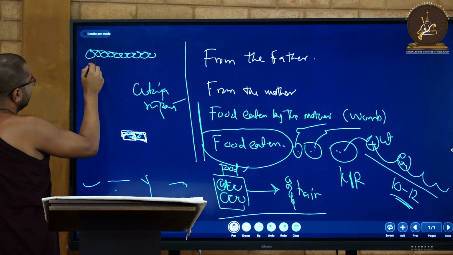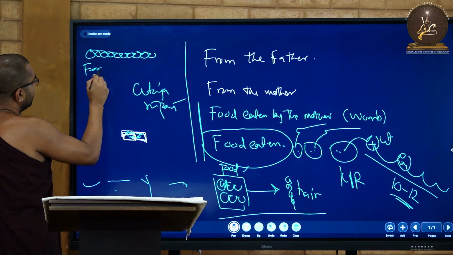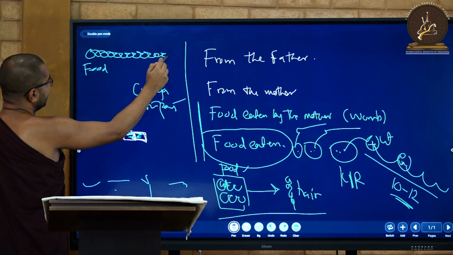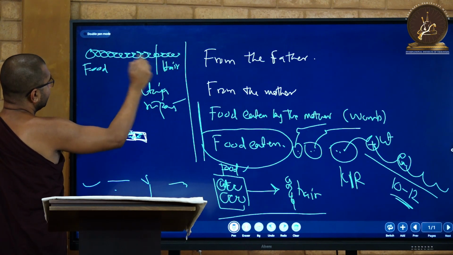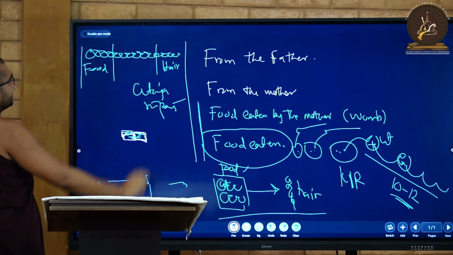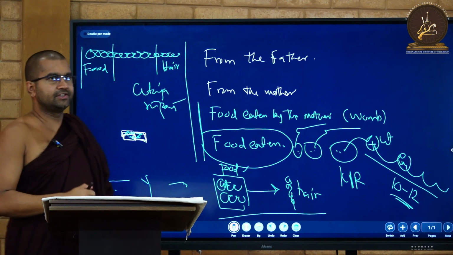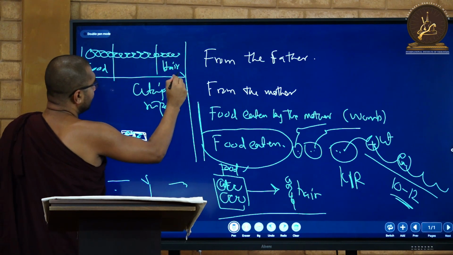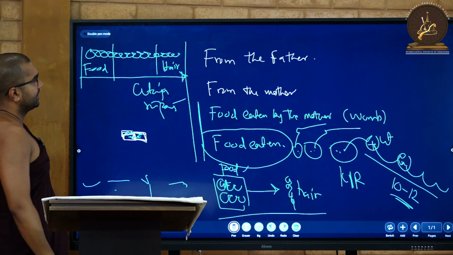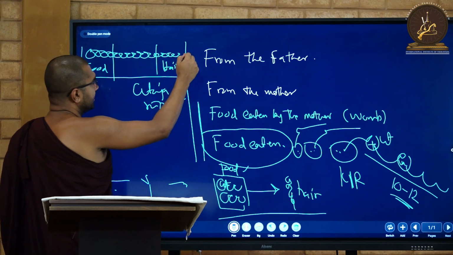At a certain level they were called food, and at a later stage they will be called hair. There is an intermediate stage where the change is happening. So the same generation continues, the food generation becomes hair, and then later on this becomes soil.